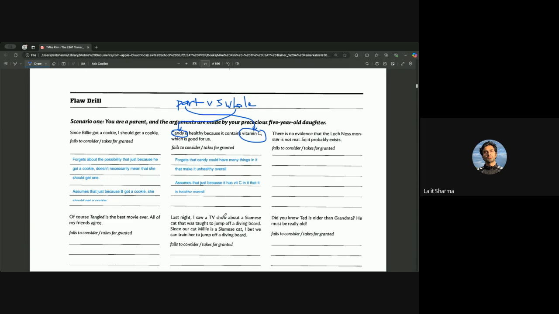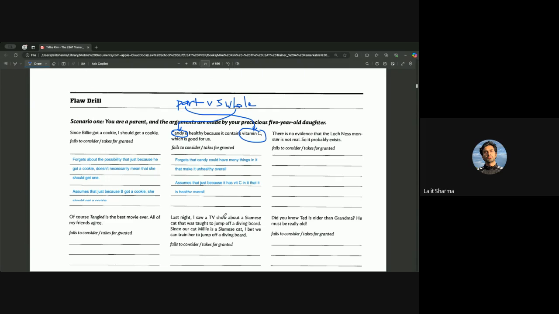Someone is 6'4" and in really good shape, but they don't know how to dribble a basketball. They can't play in the NBA tomorrow, right? Maybe one day, but they have the physical ability, but they don't have the technical ability.